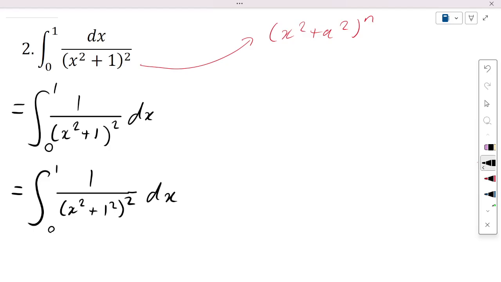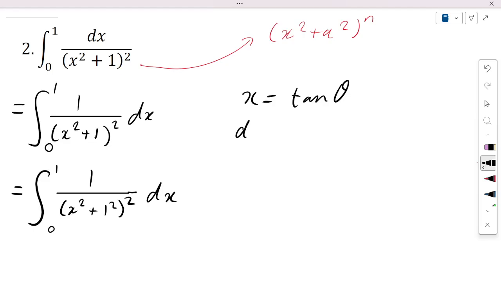So therefore we do have perfect squares, which means we can apply trigonometric substitution. Because we have the addition, we're going to let x equal a multiplied by tangent theta. But we know that the a value is equal to 1, so we don't really need to write anything. So x is just equal to tan theta.